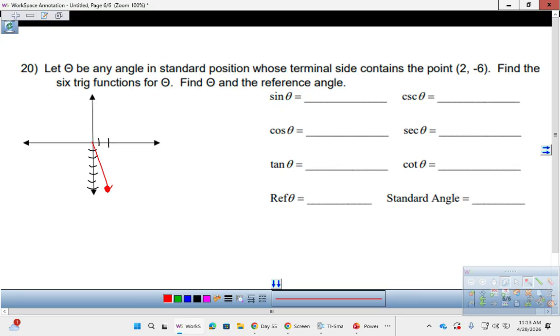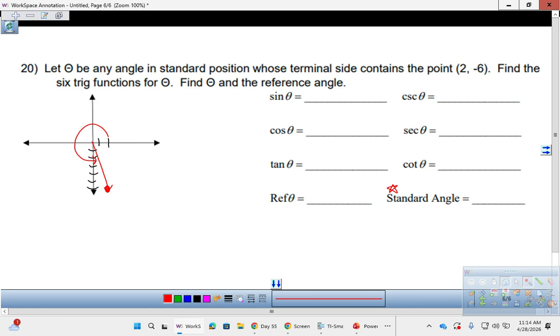The end goal, the very last thing we're going to do, is figure out what that is. It looks like it's going to be something just over 270, just based on my picture. Somewhere between 270 and 360. So keep that in mind when we get there, but that's the last thing we do. We okay so far? Plotting a point, drawing a line.